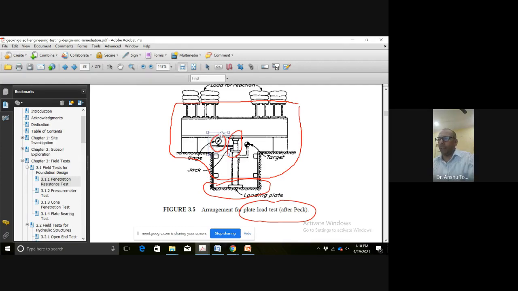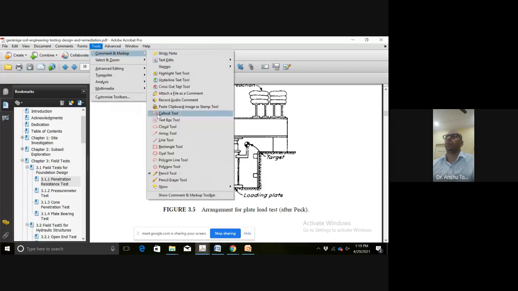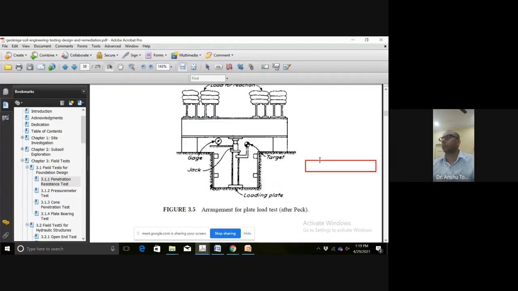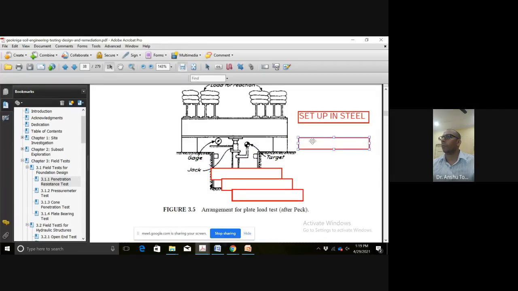Let me just put the setup in steel. Load cell for evaluating load applied.